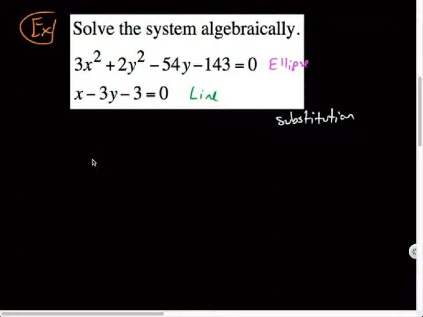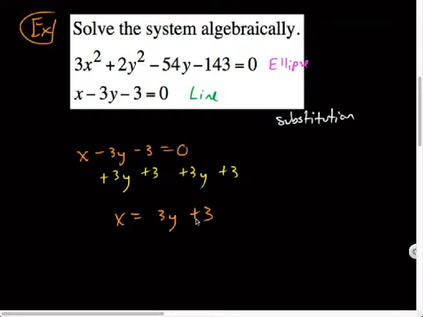So let's do that. So for x minus 3y minus 3 equals 0, to solve that for x, add 3y to both sides and add 3 to both sides. And I'll get x equals 3y plus 3. And this is a true statement.